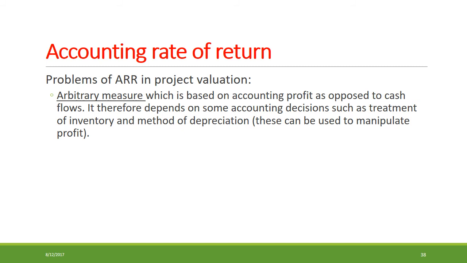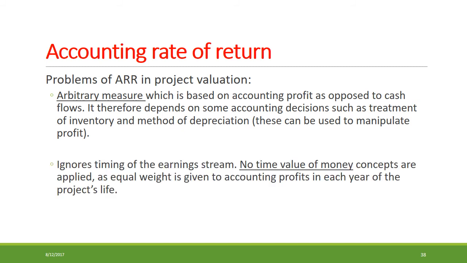So it's subject to different accounting changes, different accounting rules, and therefore it can be used to manipulate profit figures. We also don't look at the timing of the earnings. We simply take a yearly average of earnings, and we divide it by the book value of the assets. So there's no timing differences. There's no adjustment for timings of the cash flows.